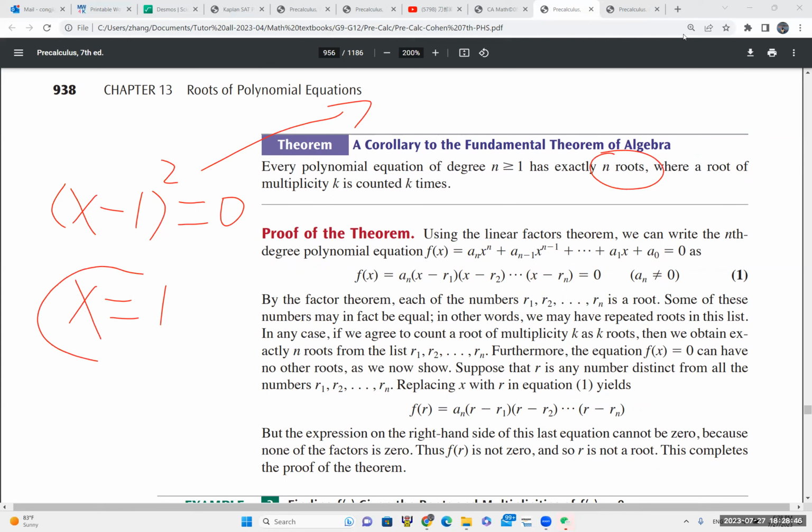But we just get 1. Then we have to count this as twice. This we call multiplicity. That means that if x minus 1 squared, then this is called the multiplicity.